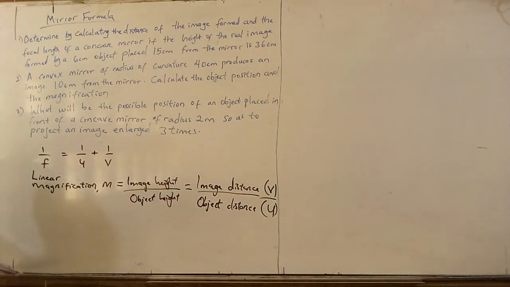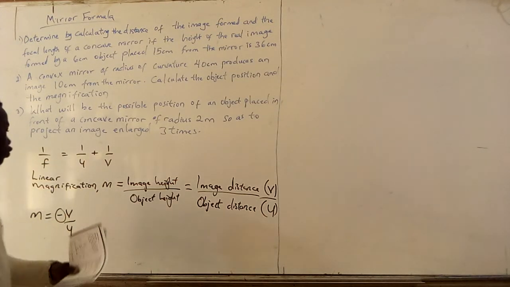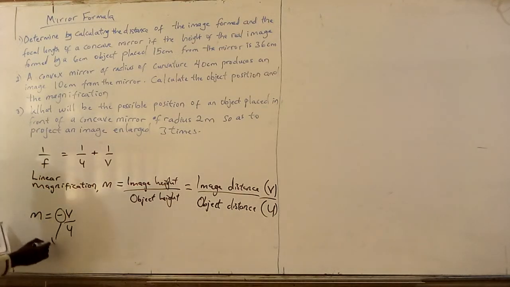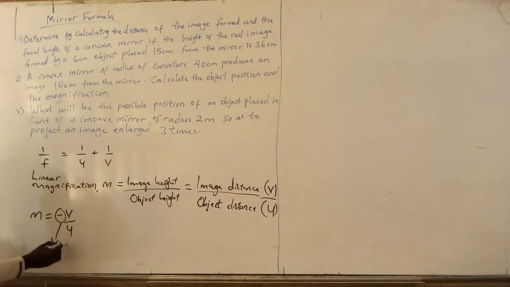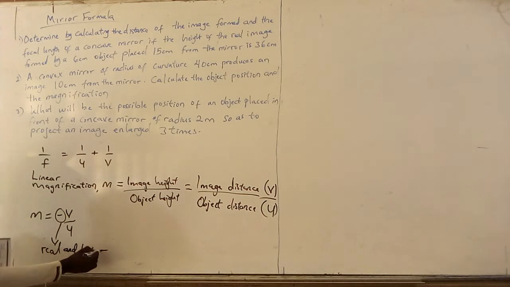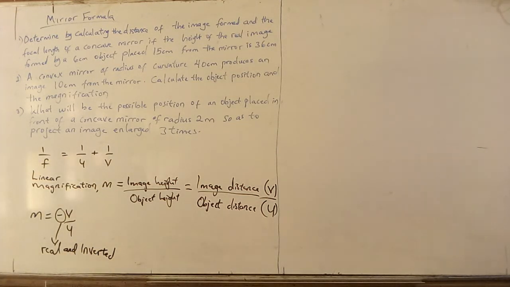Then we might have that m, the linear magnification, is negative v over u. This negative shows that the image formed is real and inverted. That's the property of the image formed. Whenever the linear magnification is negative, it means the image is real and inverted.